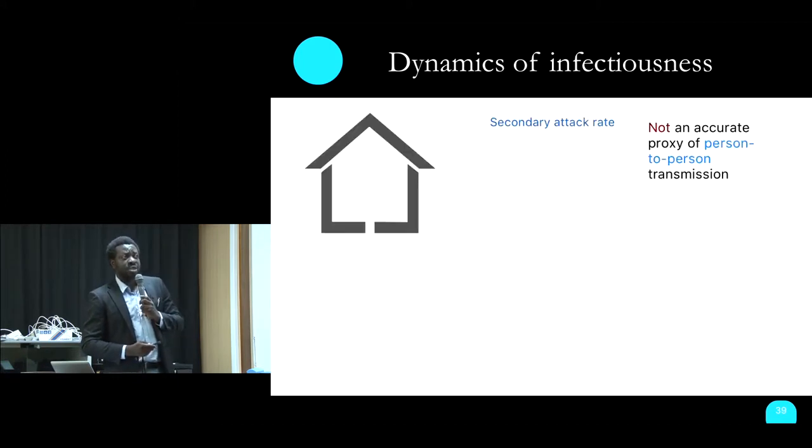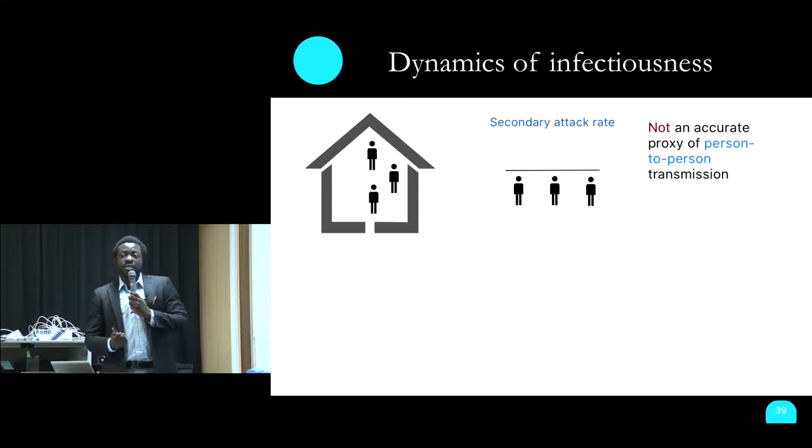However, the secondary attack rate is really not a perfect proxy for person-to-person transmission. Remember, I said the attack rate is the proportion of those who develop the disease after contact with the primary case. This is the primary case in a household, for example.